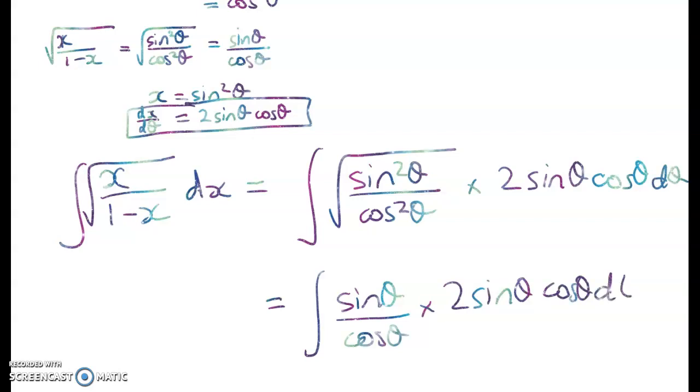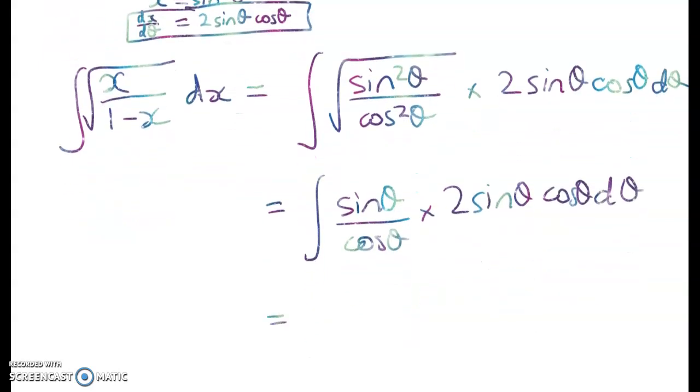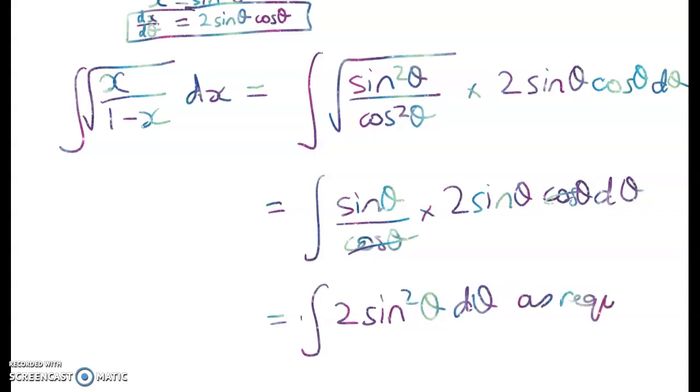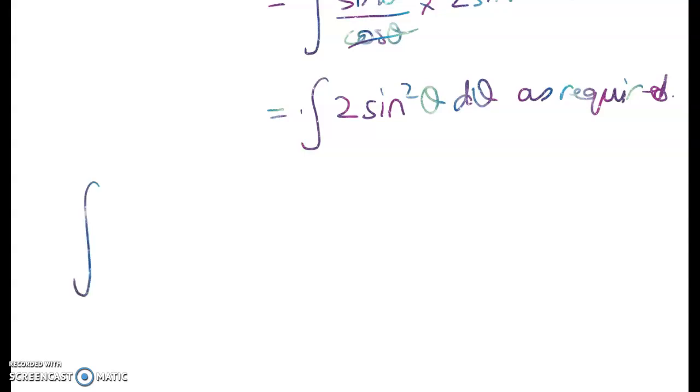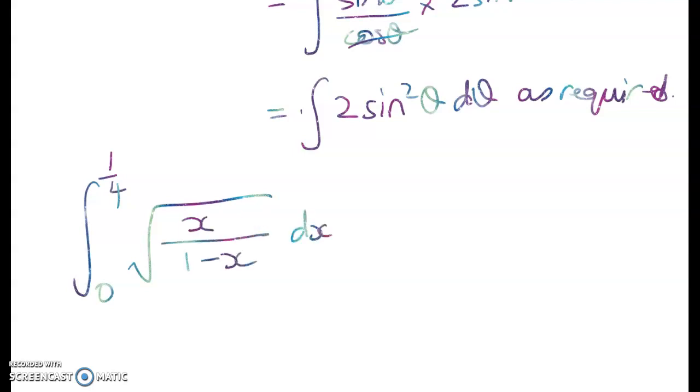There we are, d theta, which gives us the integral of 2 sine squared theta d theta as required. Now the next thing we have to do is to integrate this. So the only extra stuff we've got left to deal with are the limits of integration.